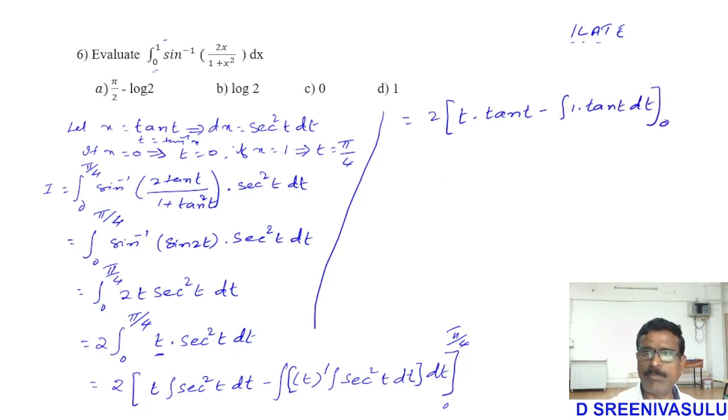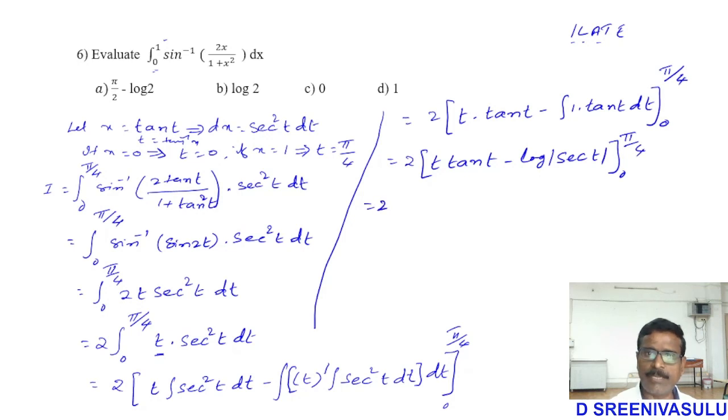Limits 0 to pi by 4. This is 2 times t tan t minus what is integral tan? Log mod secant t, 0 to pi by 4.